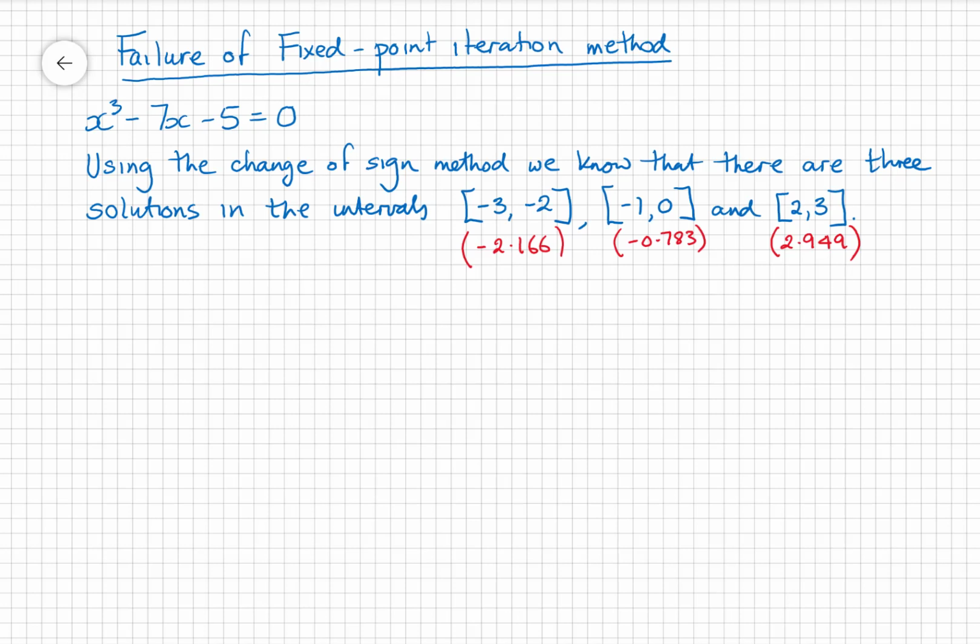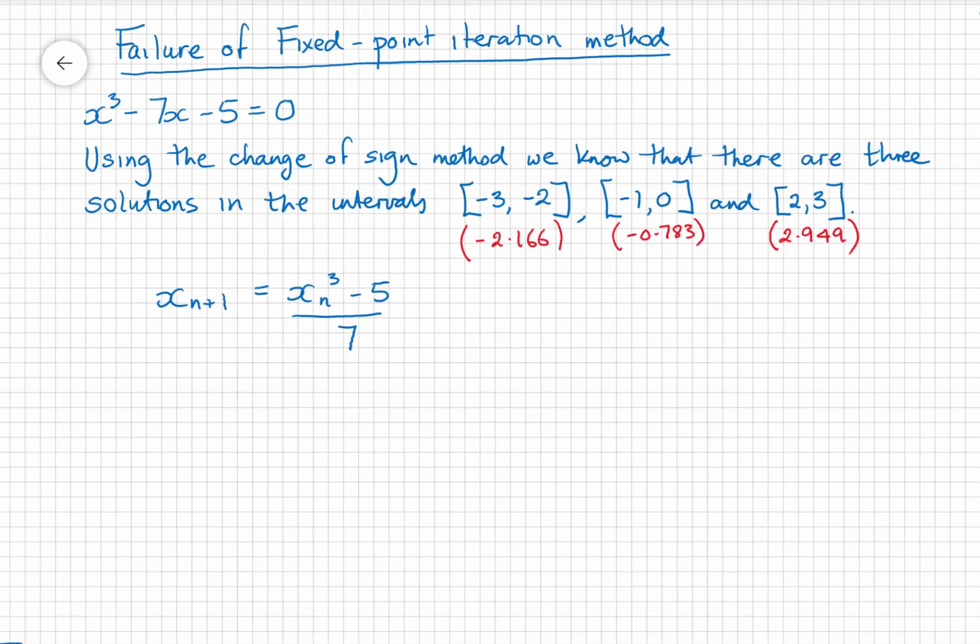In our last video we used the fixed point iteration method, with the rearrangement xn plus 1 is equal to xn cubed minus 5 all over 7. And we successfully used that with a starting value to find one of the solutions of the equation.